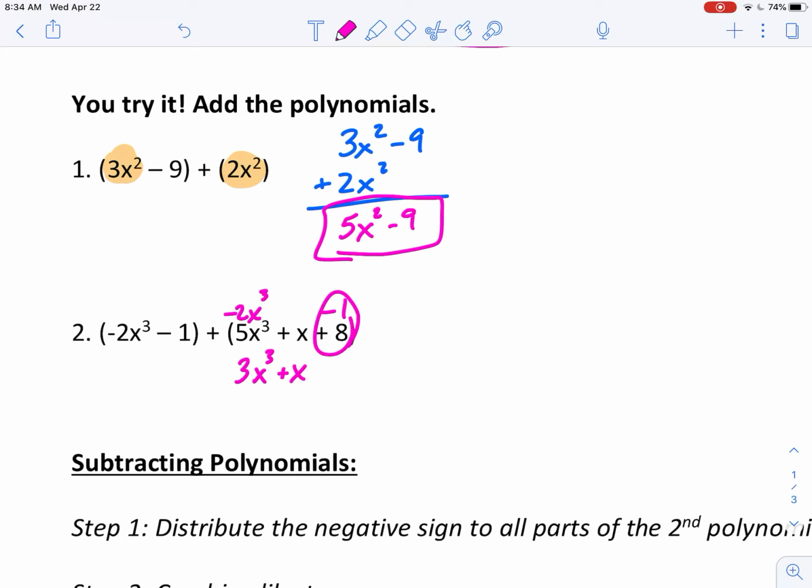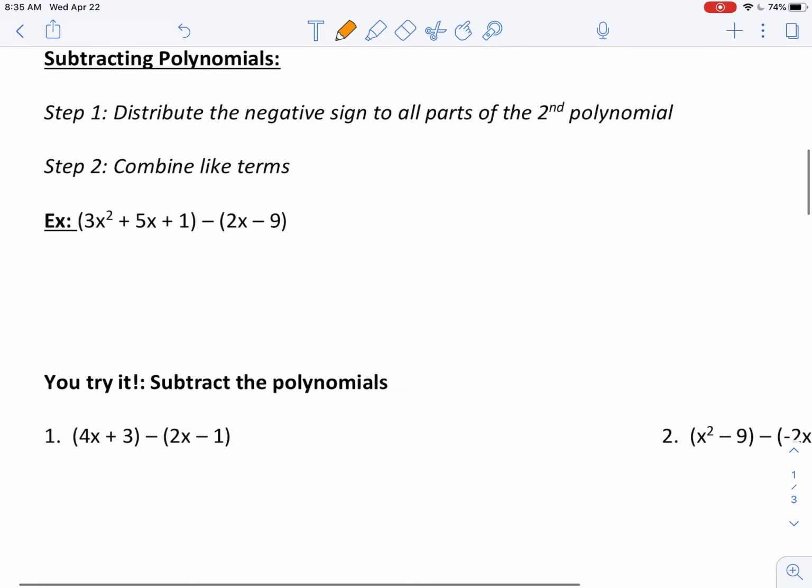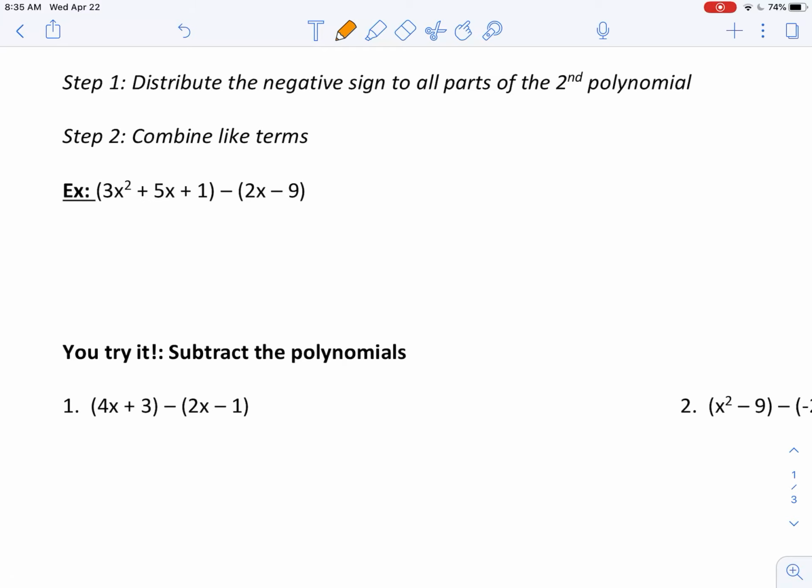It's not going to make a difference. Or I could still put it up top. I could say negative 2x cubed minus 1. Negative 2 plus 5 is 3x cubed. There's nothing that's being added with x. And a negative 1 plus 8 is a positive 7.